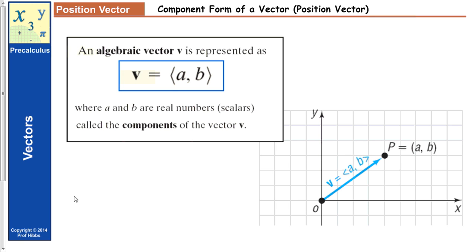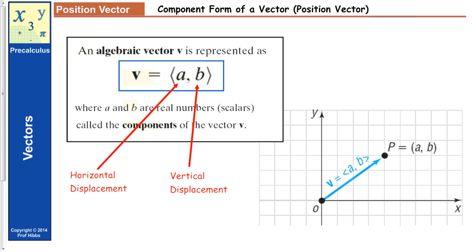You can read all of this stuff here, but the most important information is this first position of this algebraic vector. This algebraic vector is the horizontal displacement the vector makes from its initial point to its terminal point. And the second component represents the vertical displacement from the initial point to the terminal point.